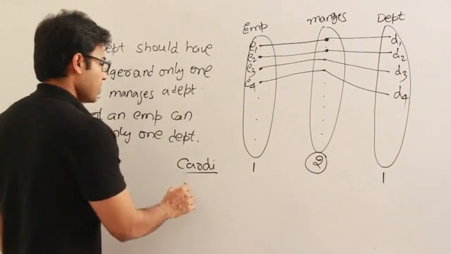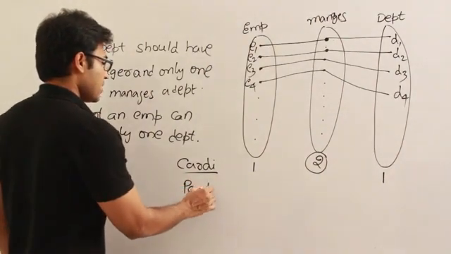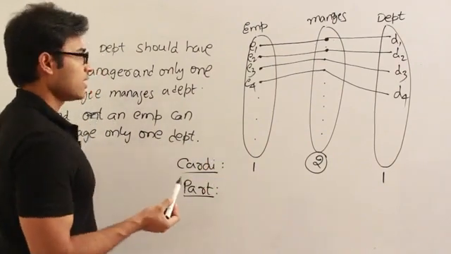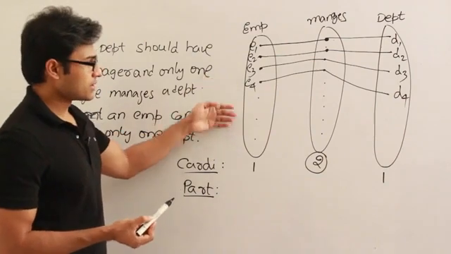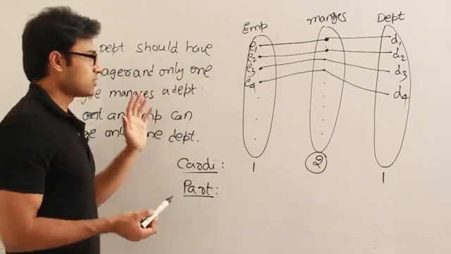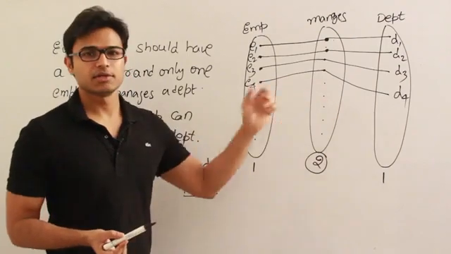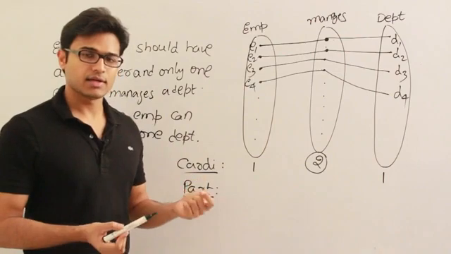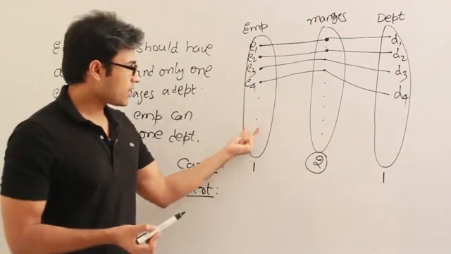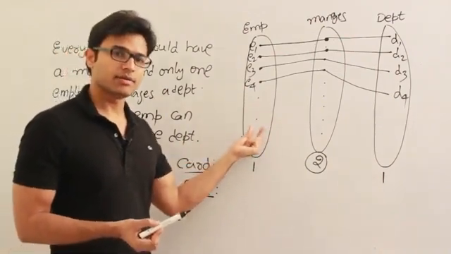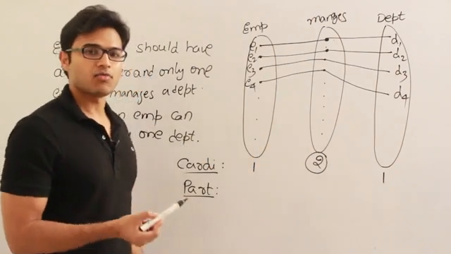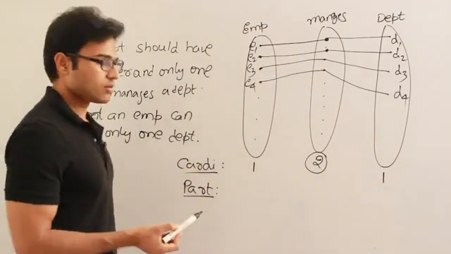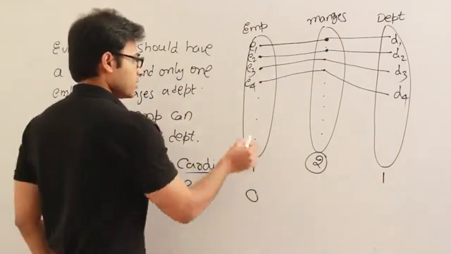Fine. And what about the participation or existence? Participation or existence is the minimum number of relationships any entity can participate in. There is no hard and fast rule that every employee has to manage a department. There can be employees who are not managers, so there will be some entities who will never participate in any relationship. Therefore, the minimum number of relationships an employee entity can participate in is 0.